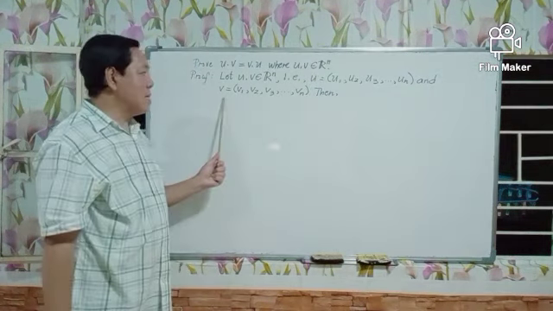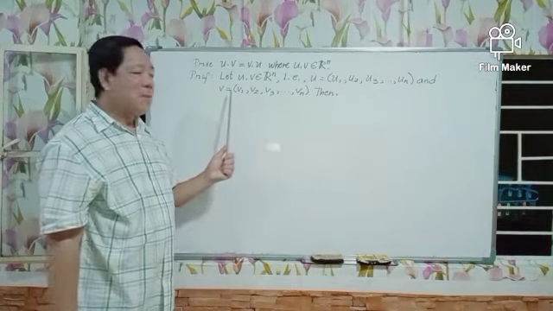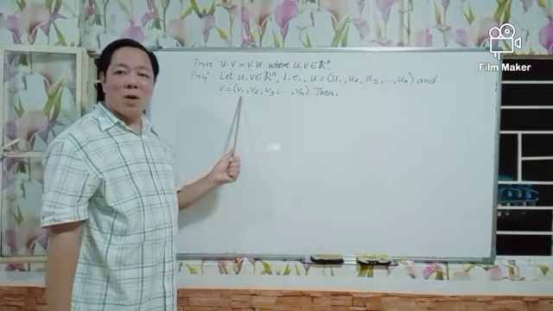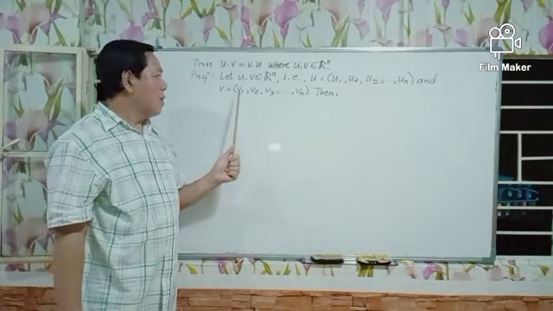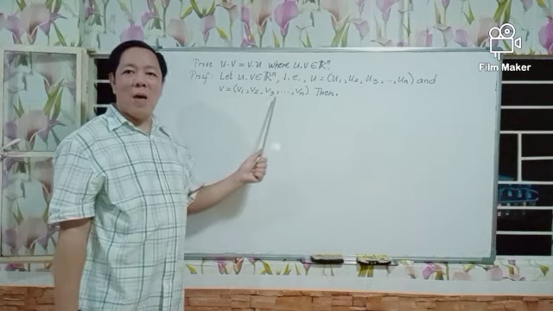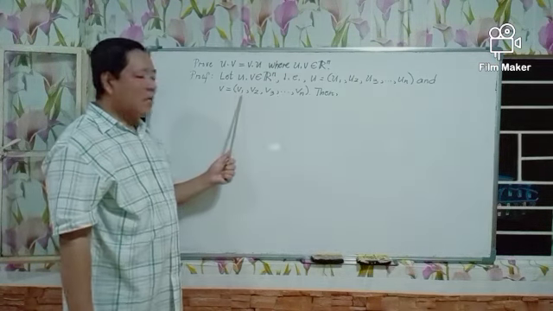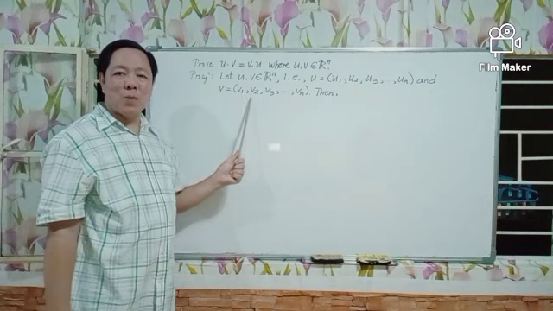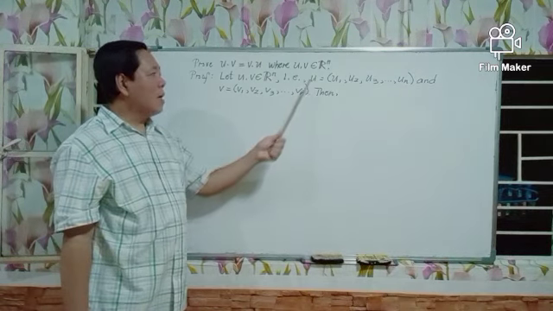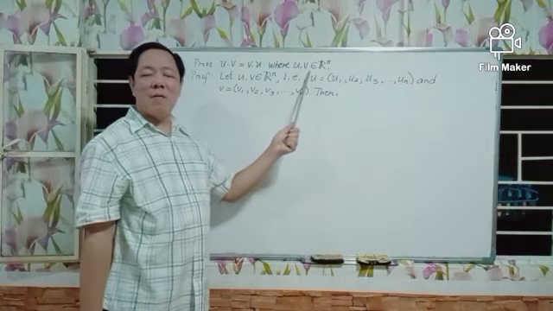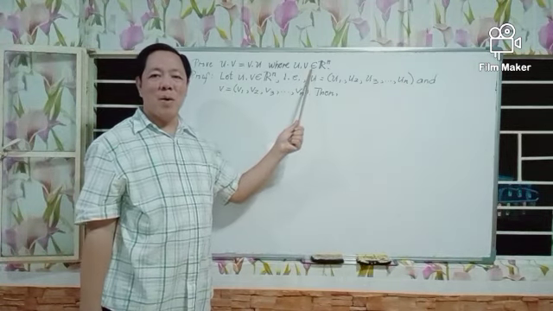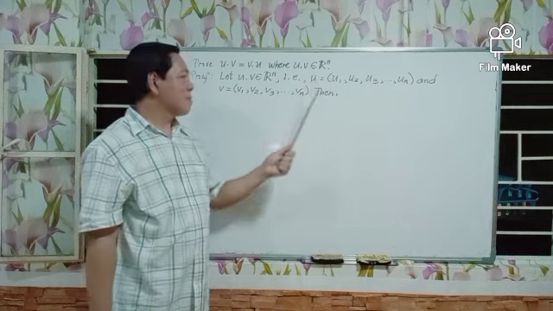Similarly, v is an element of R to the n, thus v is a row vector with n coordinates v1, v2, v3 up to vn. And these coordinates of v are real numbers because v is an element of R to the n, or the n-dimensional space.